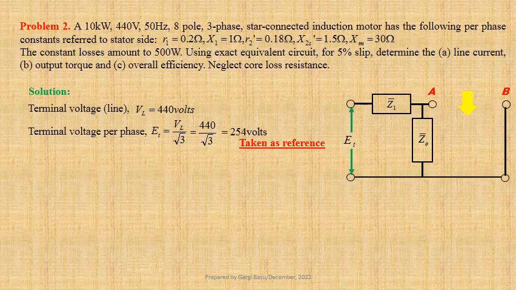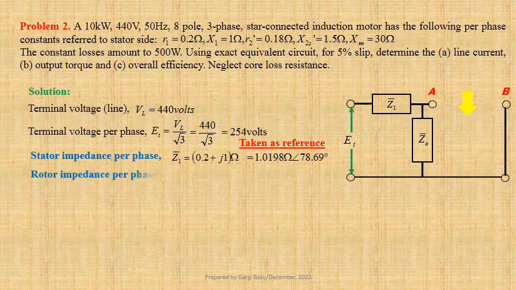We have obtained stator impedance per phase Z1 equals 0.2 plus J times 1 ohm. This may be written in polar form as 1.0198 ohm at an angle 78.69 degree.